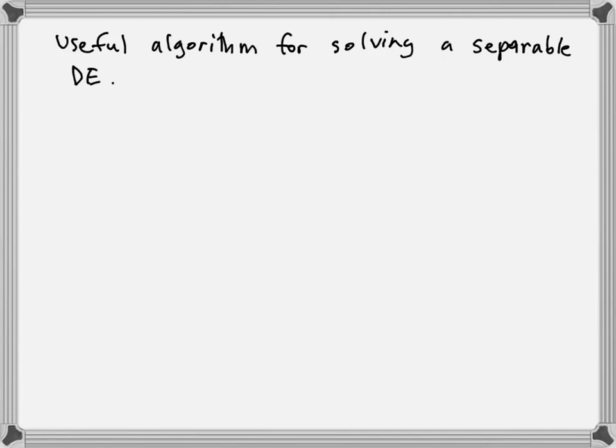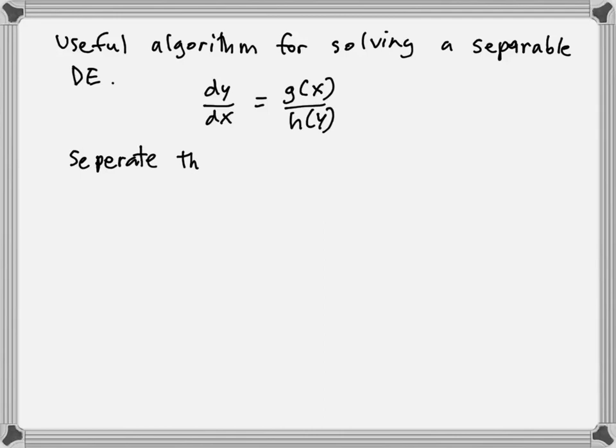So the whole point is that if you see something that looks like this, dy dx is equal to g of x over h of y, what you do is you separate the terms, then integrate.